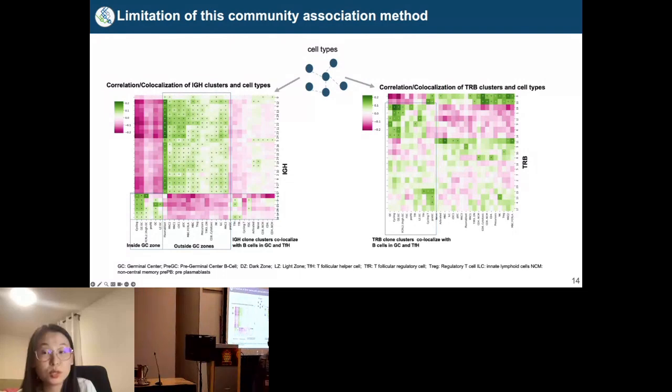One is related to the cell types within the germinal center zone, and the other is related to the cell types outside the germinal center zone. In addition, from both heat maps, we can find some IGH clones colocalized with some T cell subsets and TRB clones colocalized with some B cell subsets. This indicates that the interaction might happen between these B and T cells.